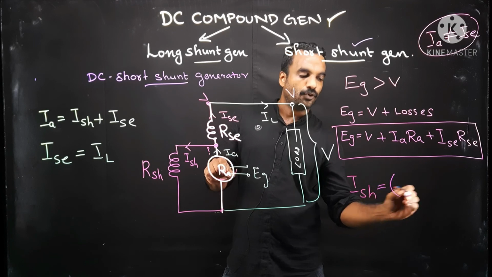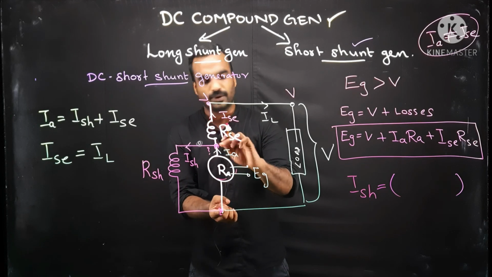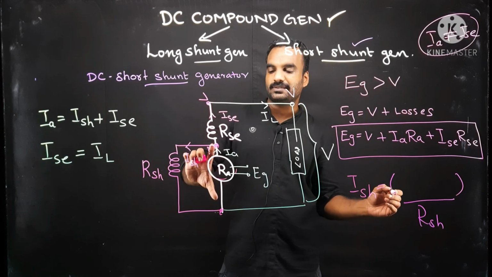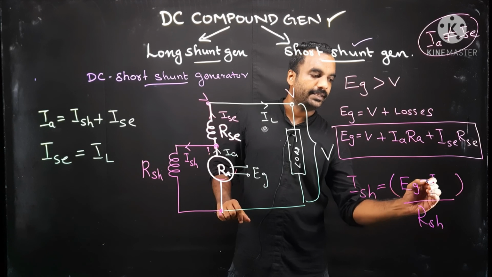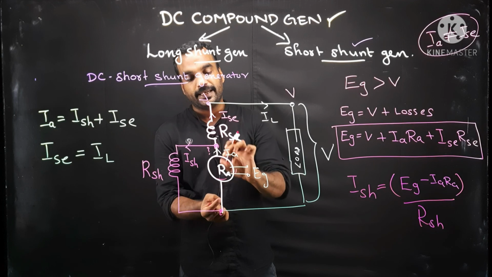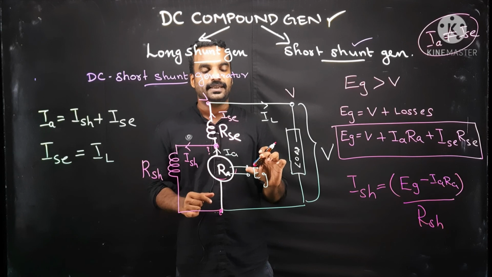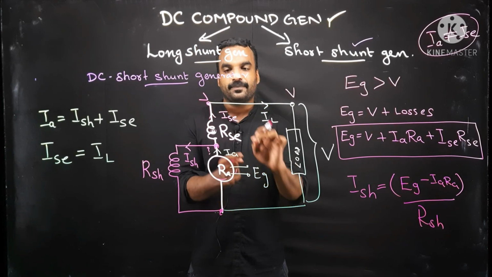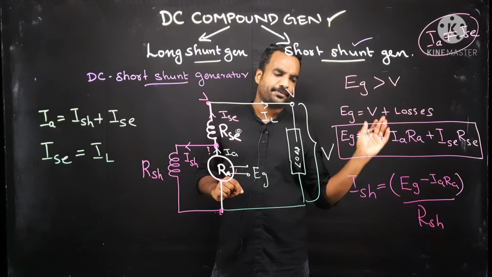So we want to find this voltage divided by RSH, that is ISH. So what is this voltage? That is EG minus IA RA. EG minus IA RA will give this voltage. EG minus IA RA minus ISC RSC will give the terminal voltage. Anyhow, EG is higher. This voltage is less than EG, and V is less than this node's voltage.